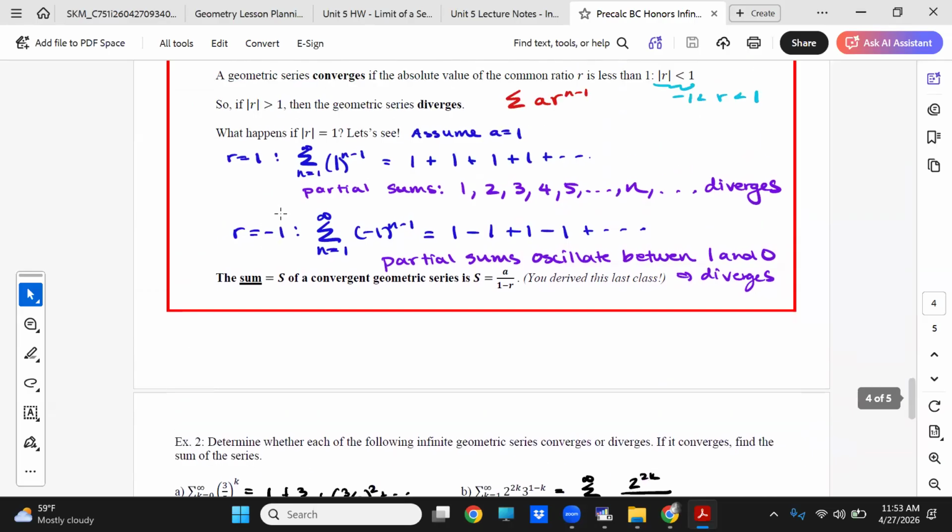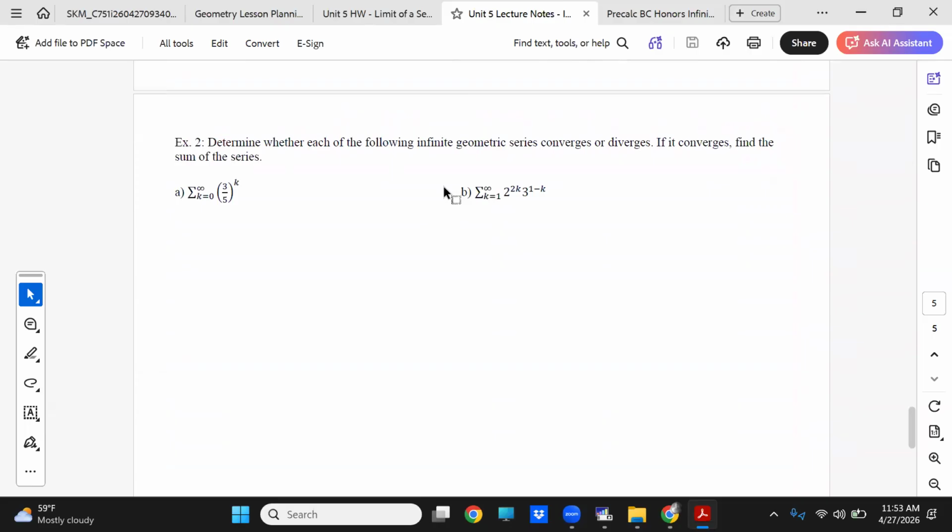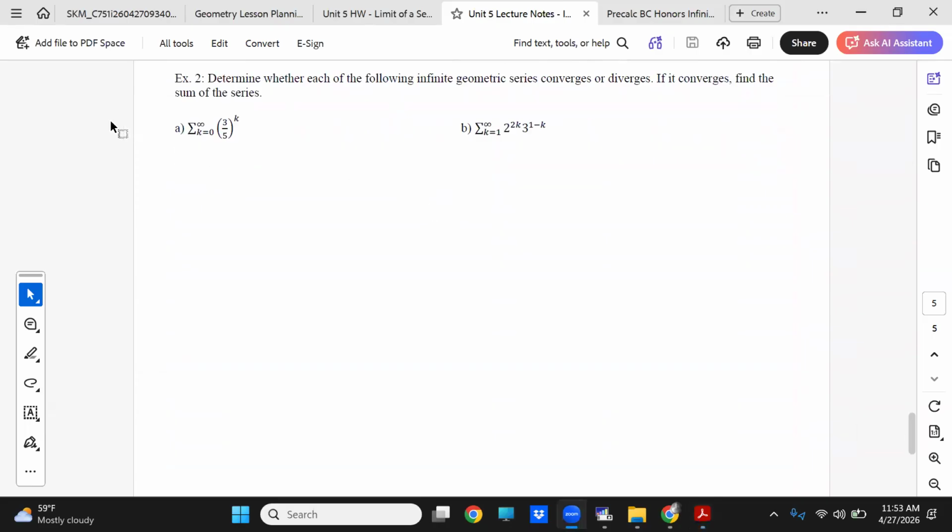Oh, hold on. So here's how we'll approach these problems. Let's first figure out the first term. One, right? And what's the ratio?